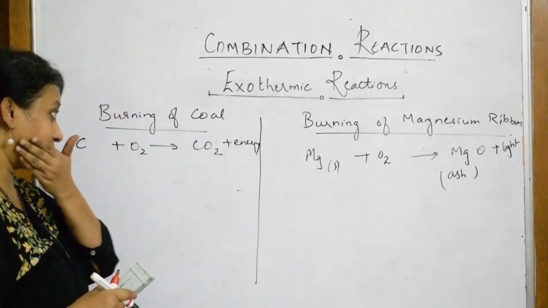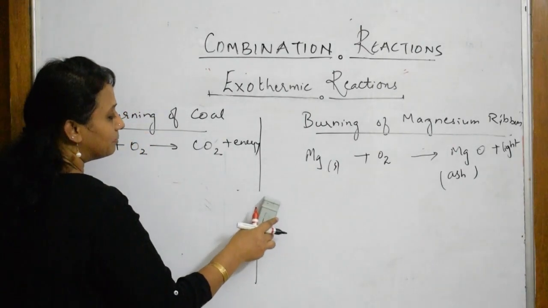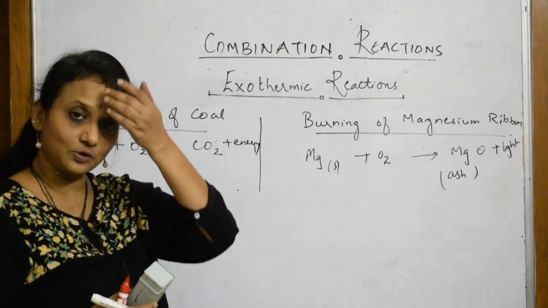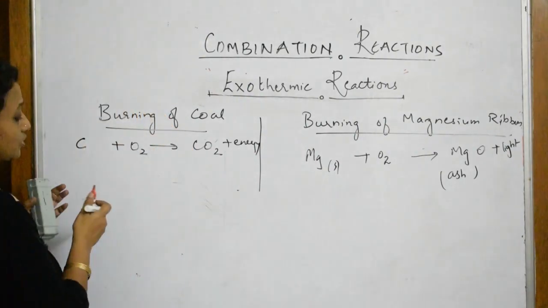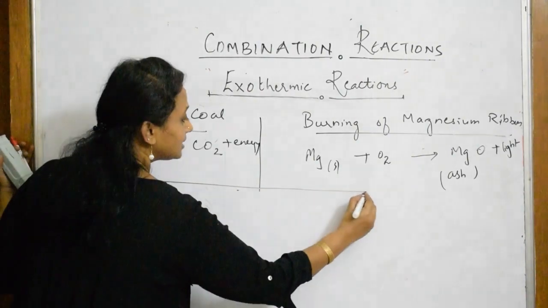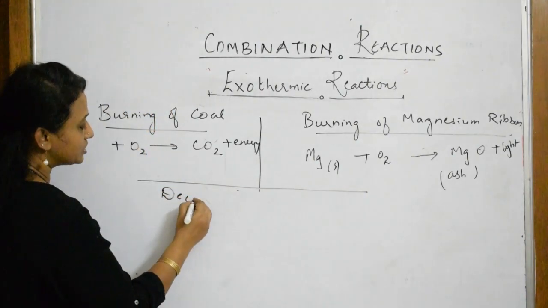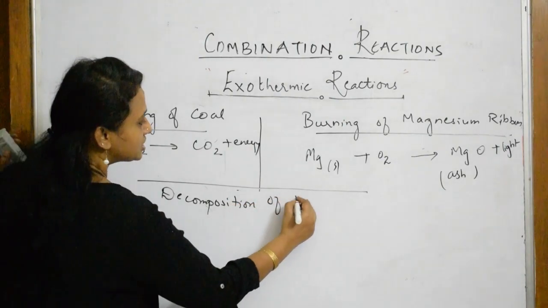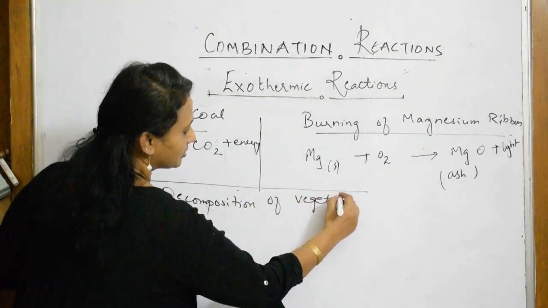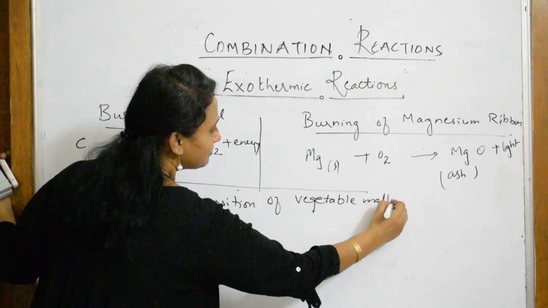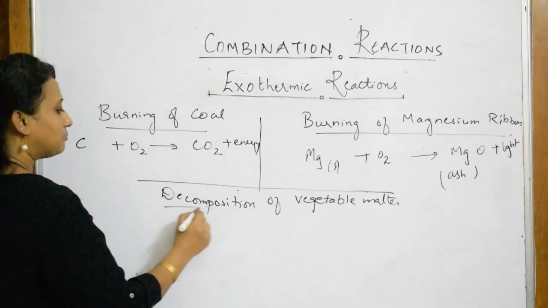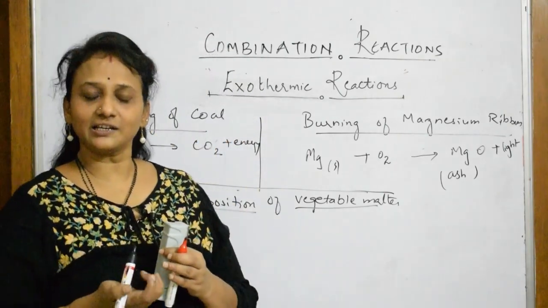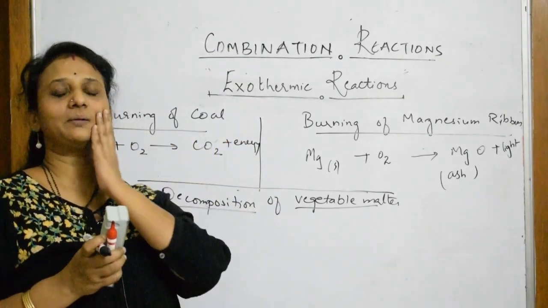Further, I have seen burning, respiration, and the whitewash reaction. I should see one more reaction, that is decomposition of vegetable matter. Here in vegetable matter, we very well know, vegetable wastes will be there, and in that also bonds are there. Without bonds, there is no compound, isn't it?